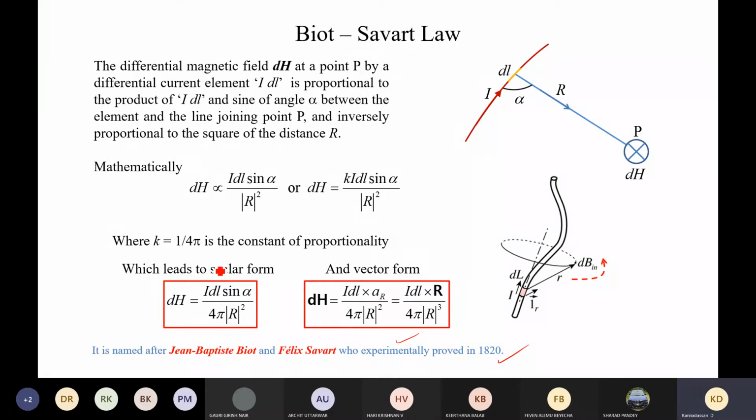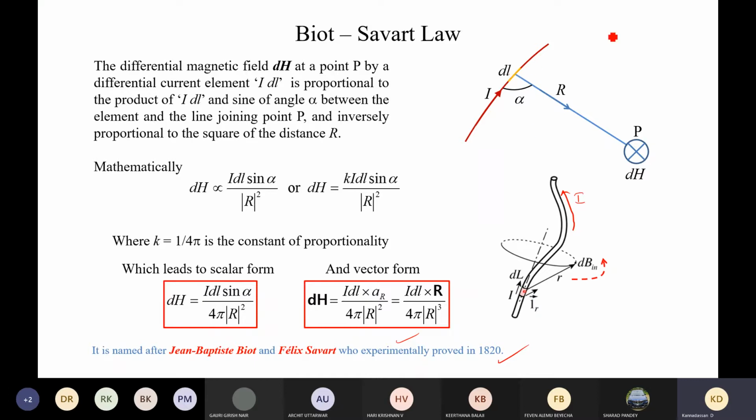So what we are supposed to remember in this mathematical expression is that if we have a line, and this is a wire which is carrying a current I, at a particular instant the current is flowing through a small wire of length dl.